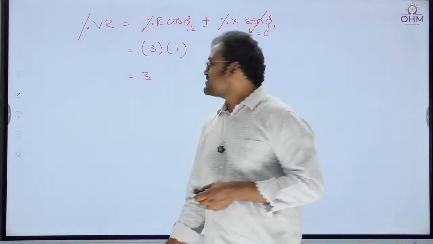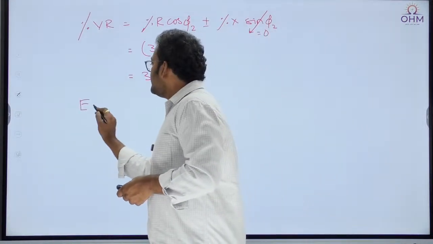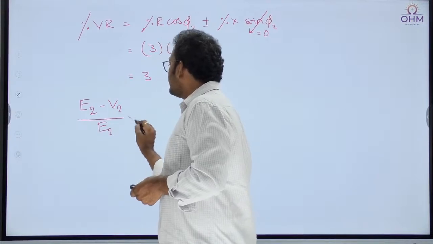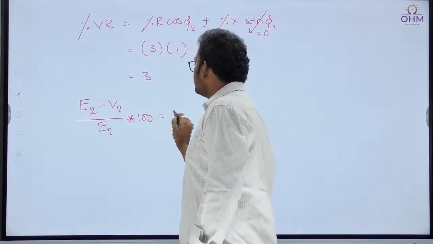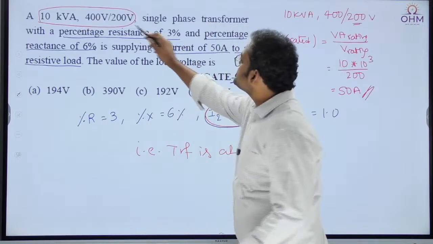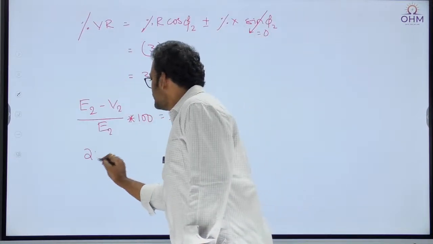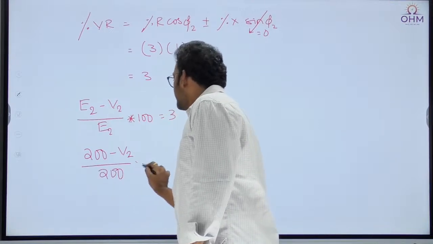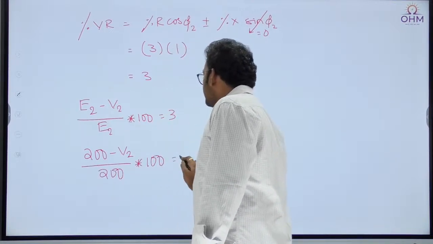What is the formula for percentage voltage regulation? Can I say (E2 minus V2) by E2 into 100 is equal to 3. So E2 is how much? E2 is 200. So (200 minus V2) by 200 into 100 is equal to 3.